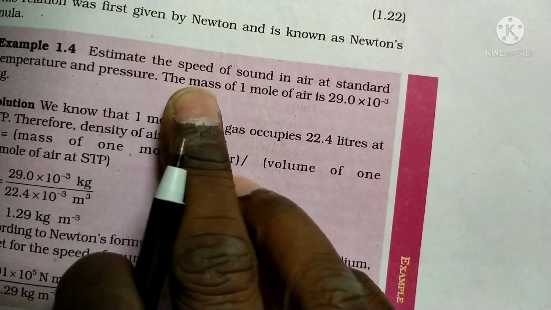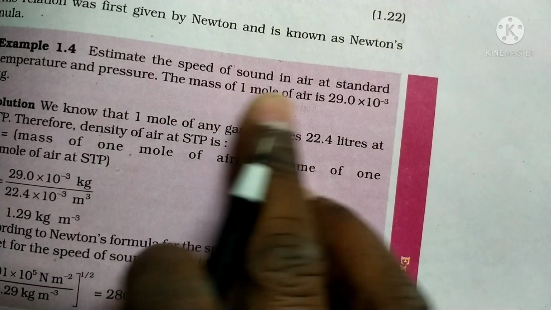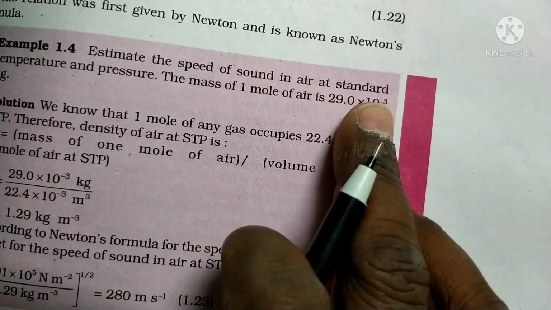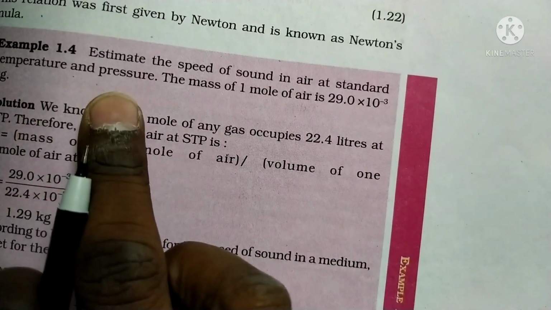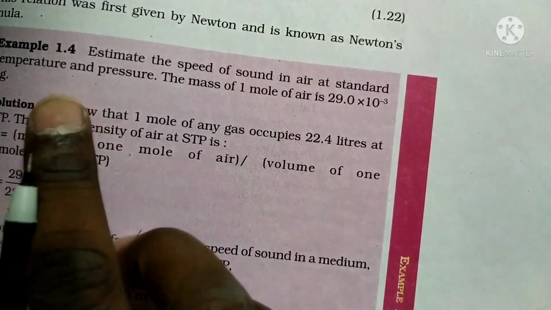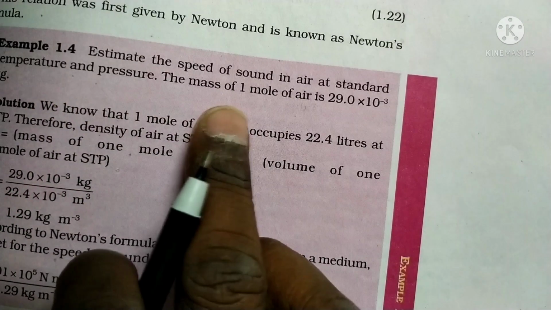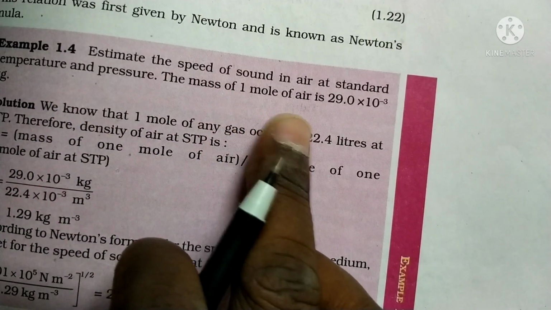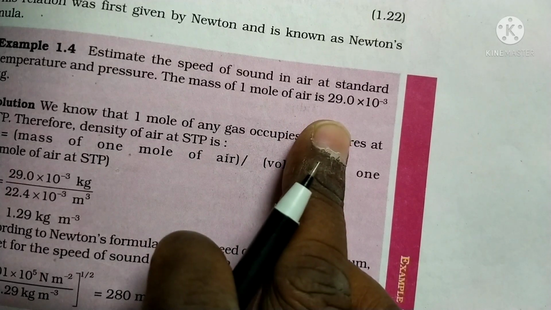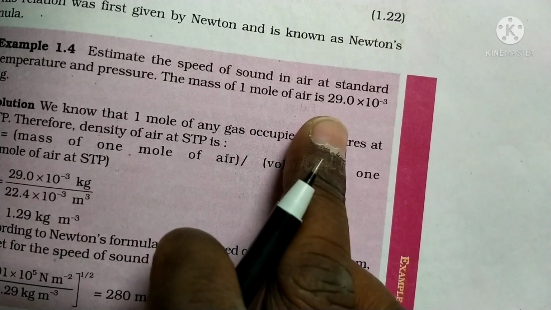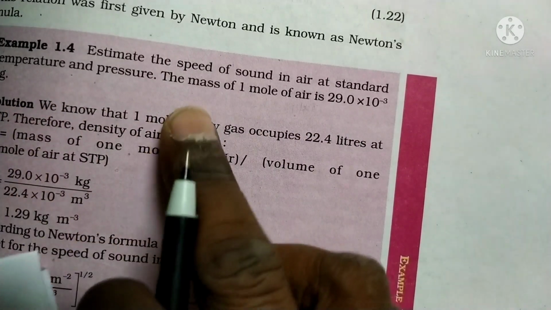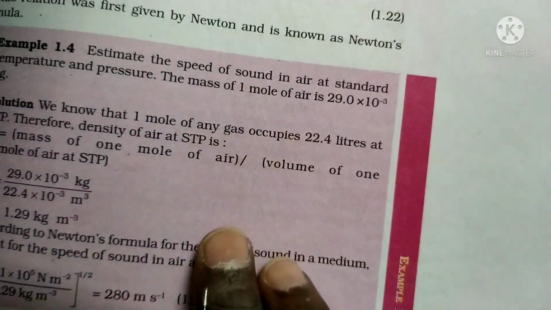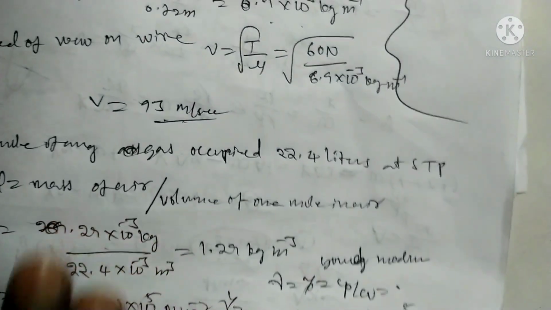Estimate the speed of sound in air at STP, standard temperature and pressure. The mass of 1 mole of air is 29 into 10 to the power minus 3 kg. Now we can find the speed of the wave.